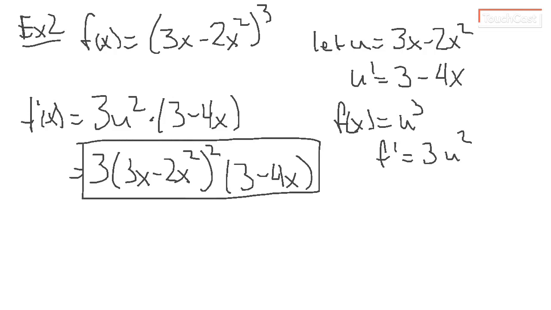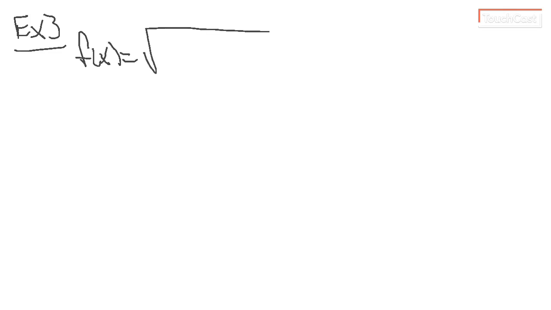I think we have enough time to look at one more example. So example 3, we're going to have the function f of x is equal to the square root, no, not square root this time, cube root of the quantity x squared minus 1 squared.